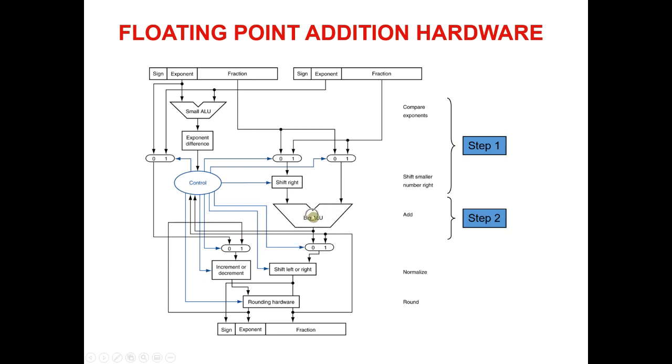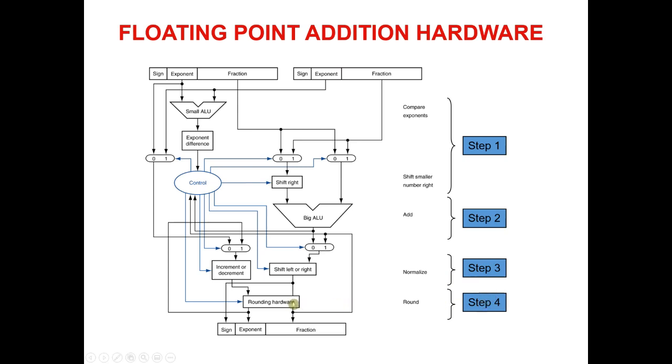See that we have here an arithmetic logic unit. Remember that we have seen this hardware element, and arithmetic logic units are used to do add operations, and, or, and so on. Then the next step is to normalize the number. What we have done in the method is shifting the number left or right and incrementing or decrementing the exponent accordingly.